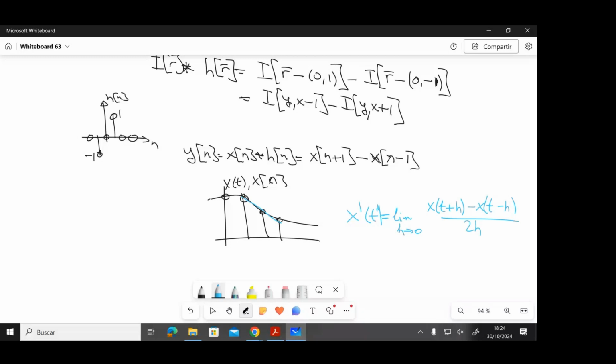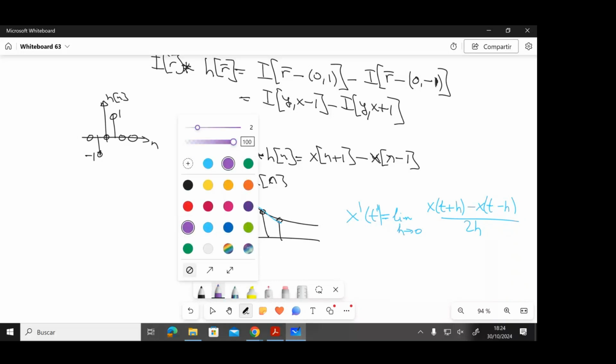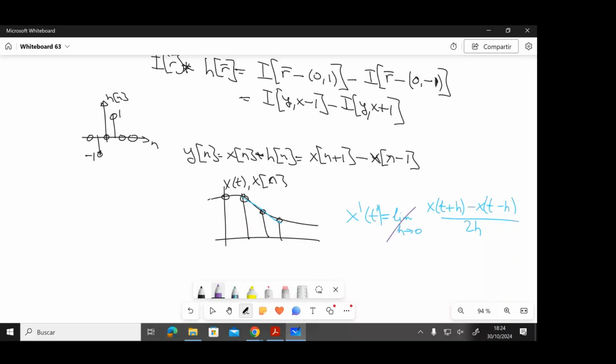Now forget about limits. We forget about the limit, and we take samples.